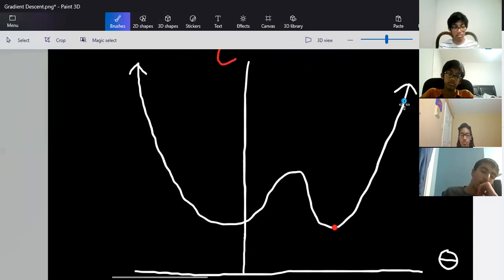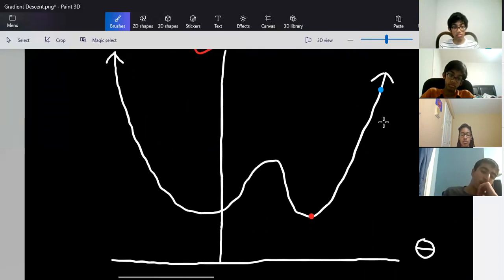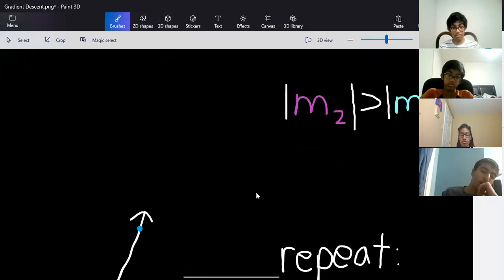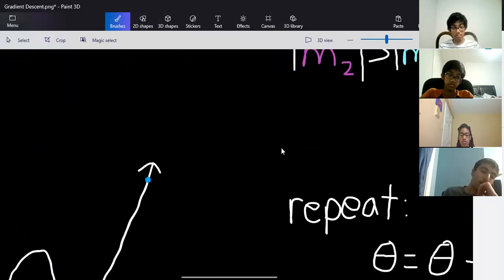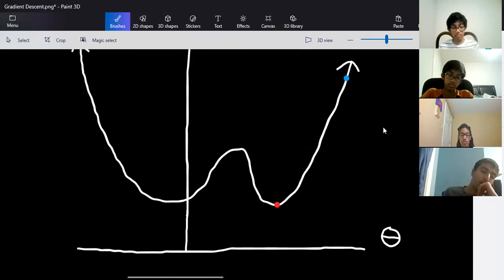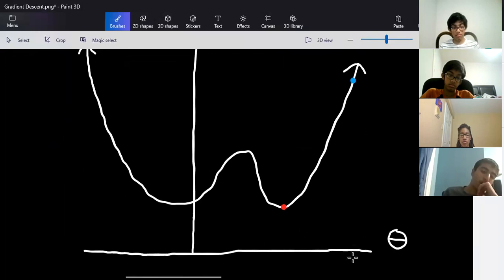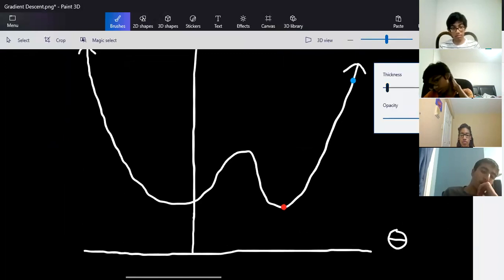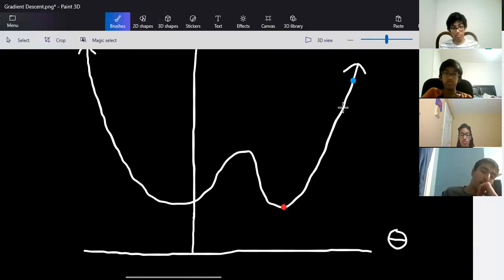So let's say we started at this point, we want to get to this local optima, and we drew a slope here. Slope was positive, so we did what we're doing, which is theta minus the derivative, and slope is positive, so theta decreases, and let's say it decreases to here.